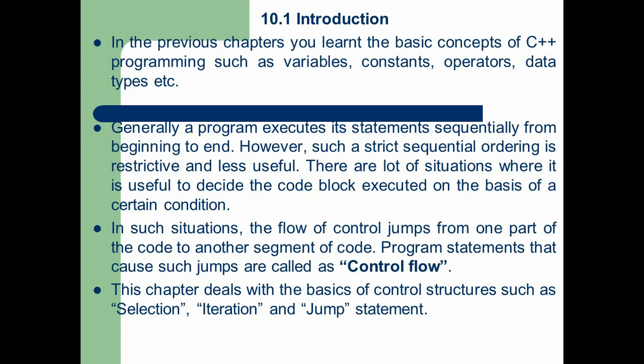These types of statements are called control flows. This is what we call in C++ a selection statement, iteration statement, or jump statement. So in this class we are going to discuss the selection statement and iteration statement of C++ and how they work in a C++ program.